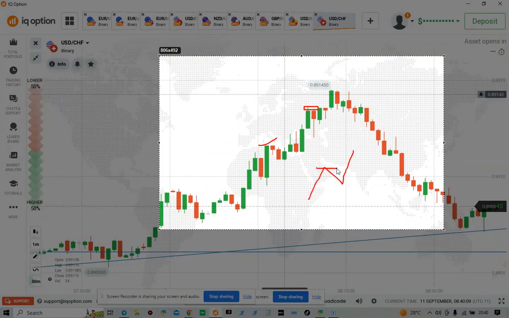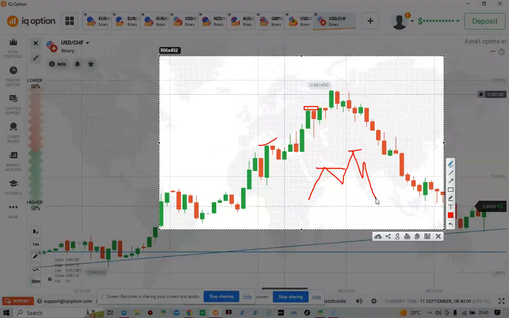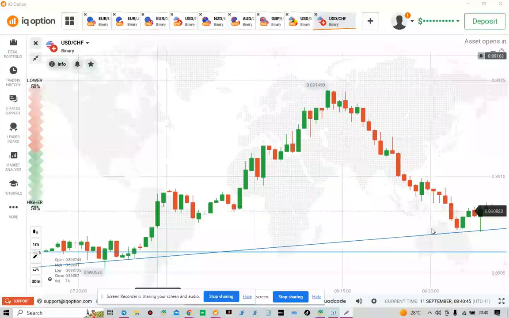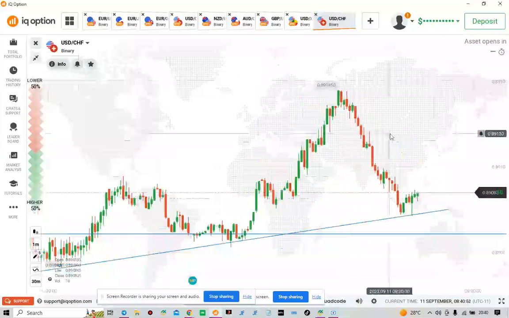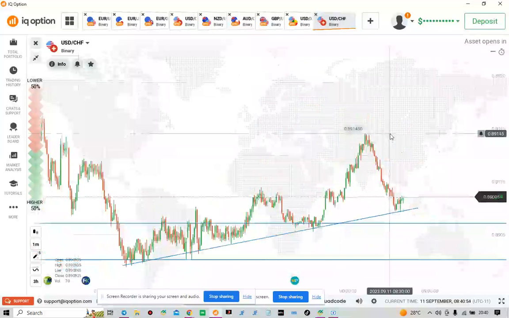You must break this, then reverse. But if the market is going to move downward, it must not reach this level, then it's going to reverse. So you have to observe the market shift, the market structure. If you observe the market structure, you will know when the market is going to reverse. You also know when the market is not going to reverse. Very simple as that.